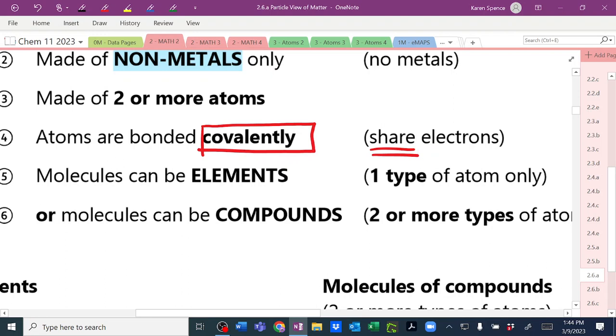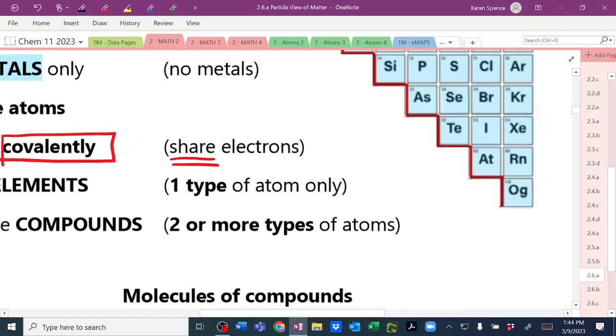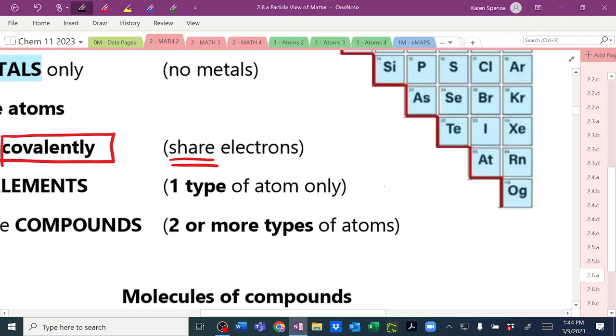Molecules can be elements where you have only one type. That was like that hydrogen atom, yes? So maybe we have a hydrogen atom bonded to another hydrogen atom. That is a molecule of an element.